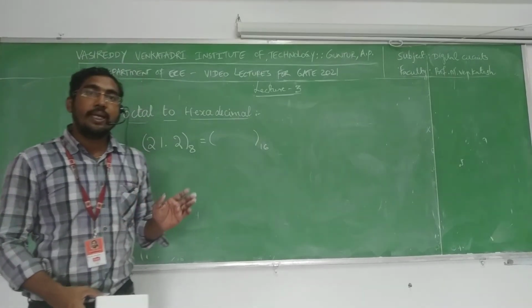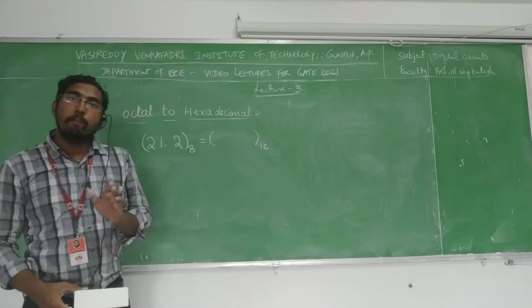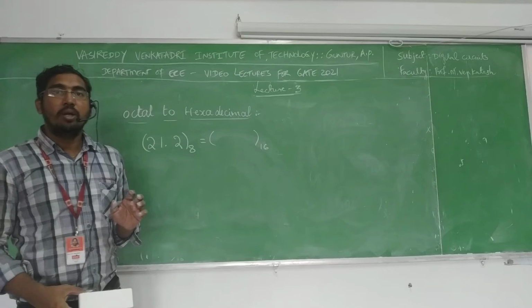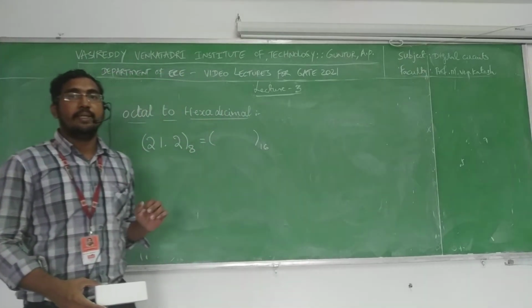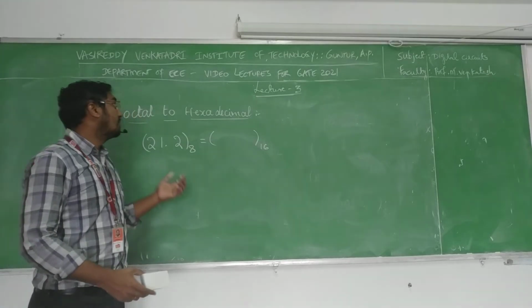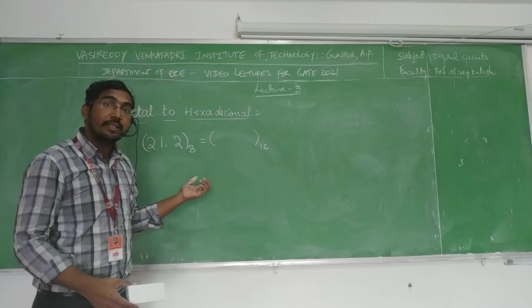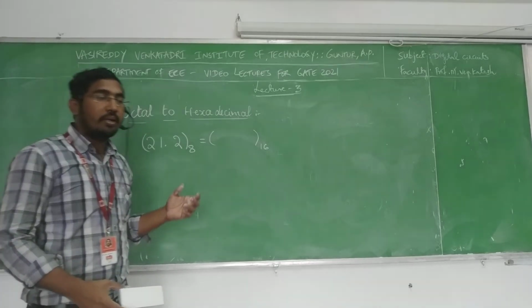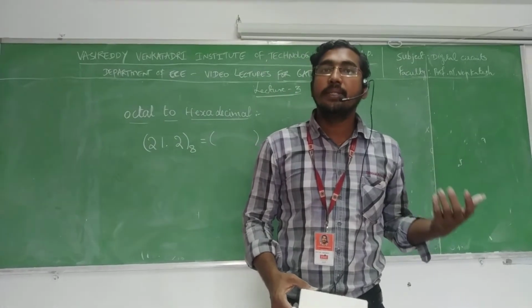Or you can convert octal to binary, then binary to hexadecimal. Whatever procedure you feel easy, we can take. My opinion is octal to binary, then binary to hexadecimal, because it is very simple and straightforward.